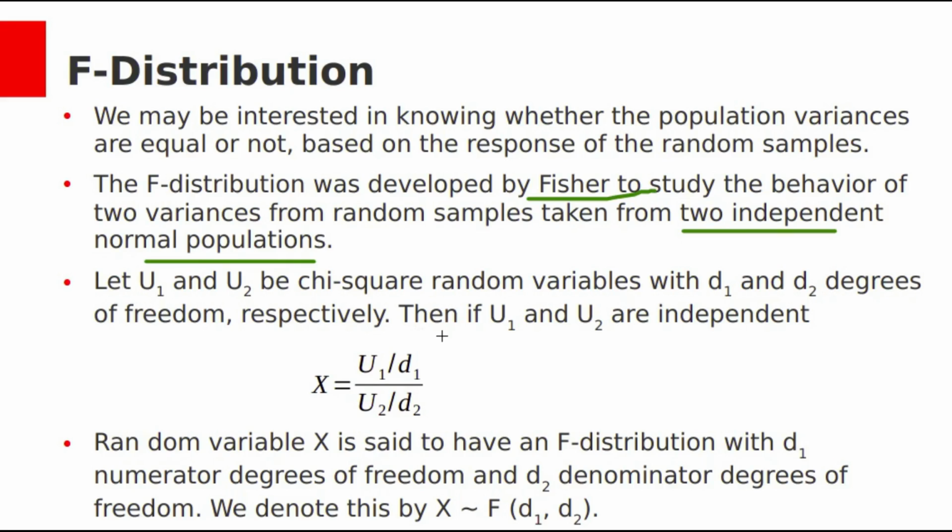If u1 and u2 are independent, then the random variable x = (u1/d1) divided by (u2/d2) will follow F distribution with d1 numerator degrees of freedom and d2 denominator degrees of freedom. We denote it as F(d1, d2).